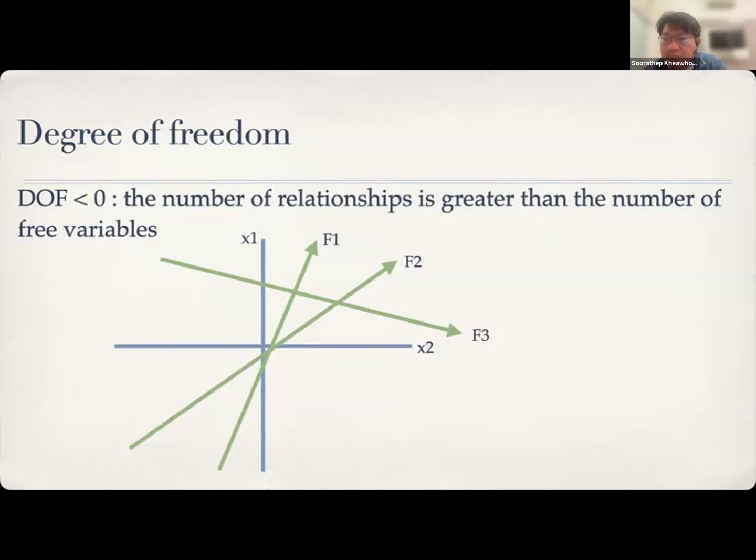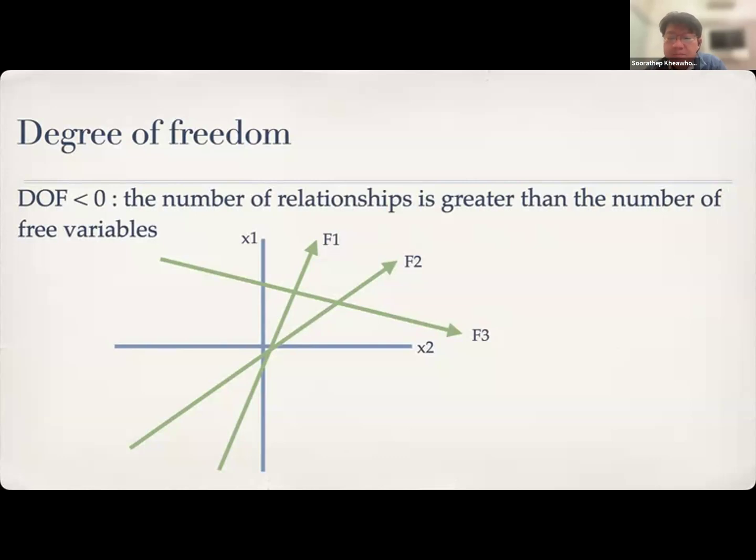For optimization problems, we consider only the case where the degree of freedom is greater than 0. That means you still have room to adjust, some free variable to adjust in order to achieve minimum f or maximum f. It depends.